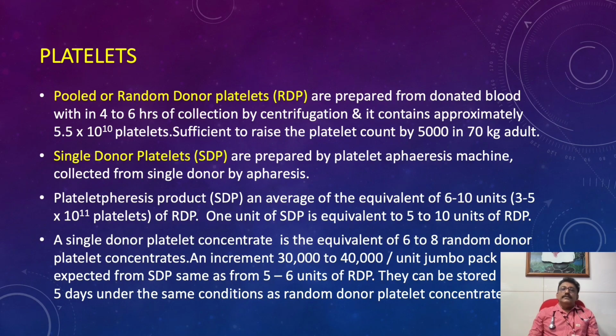One disadvantage is that this is very costly compared with pooled platelets, but there are advantages. Antibody production can be minimized, and later the patient may not develop antibodies and destruction of transfused platelets. So that can be avoided.